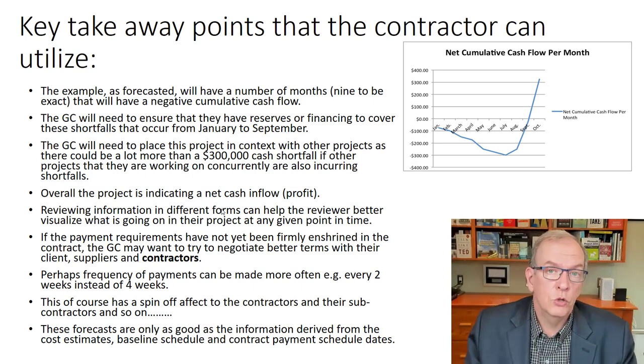So every 2 weeks instead of every month, as an example, would be a positive benefit. Same thing with your sub-trades. Again, if you can negotiate longer payment terms, that's also helpful from that perspective, and with suppliers as well.